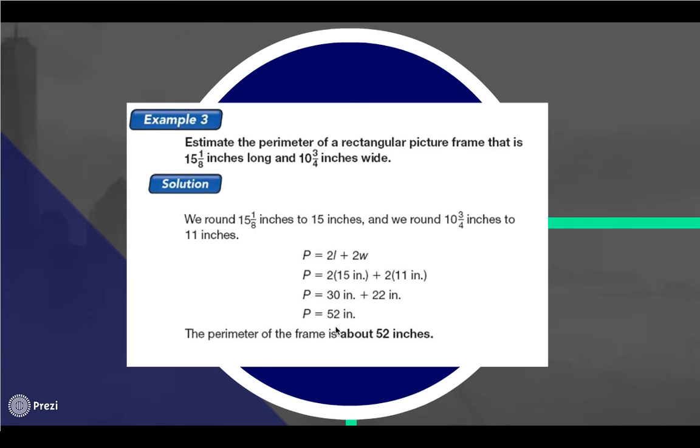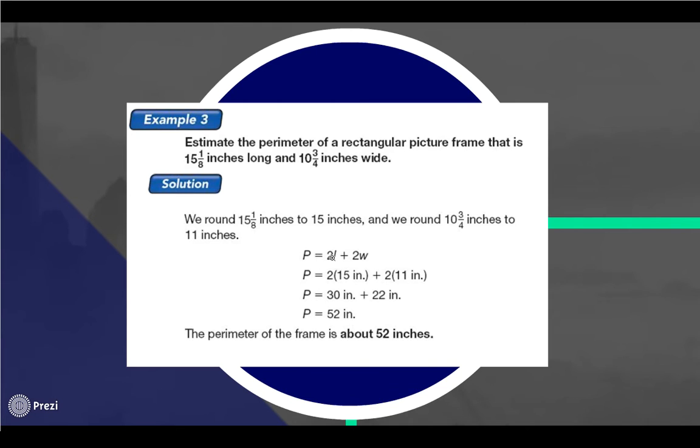Now we're going to estimate the perimeter of a rectangular picture frame that is 15 1/8 inches long and 10 3/4 inches wide. So what we're going to do is round. To find the perimeter, you double the length and then double the width and add them together, and that's what we have here from our equation.